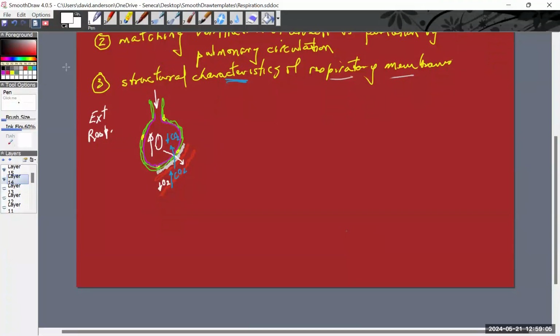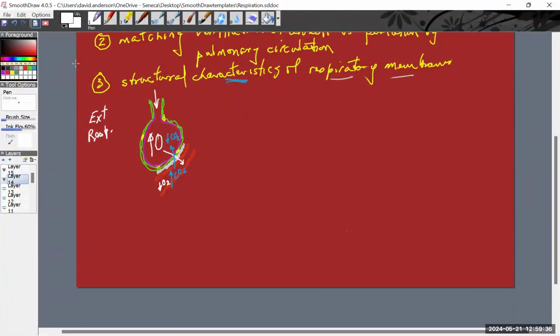Then when it gets to the exchange site, the pulmonary capillaries, the oxygen is lower in concentration and the CO2 is higher in concentration. Is that what you're saying? That's exactly what I'm saying. Yep. Okay, go on. Thank you.